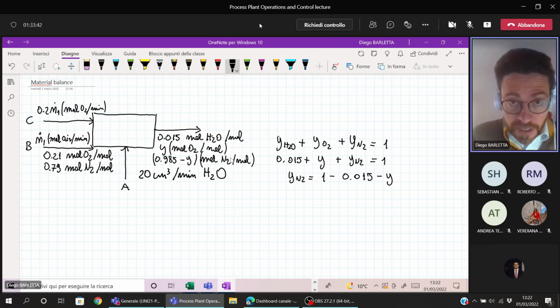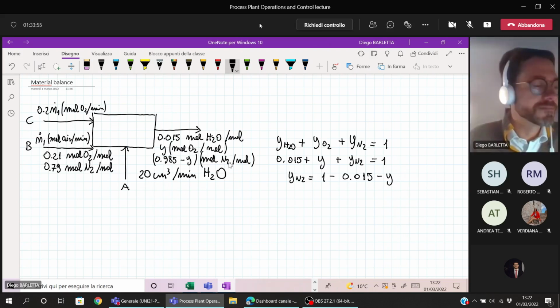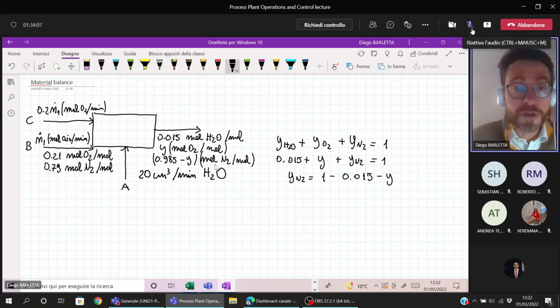Okay, and so these are 3 pieces of information regarding the composition, but do we need anything else on this stream? I have all information about the composition.